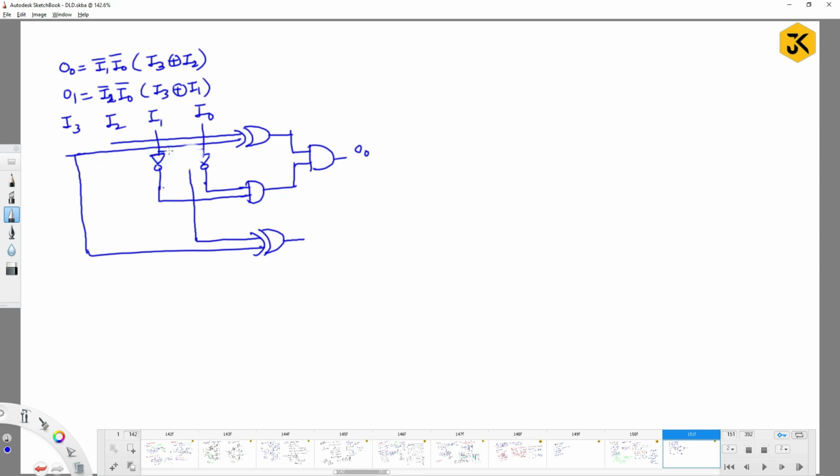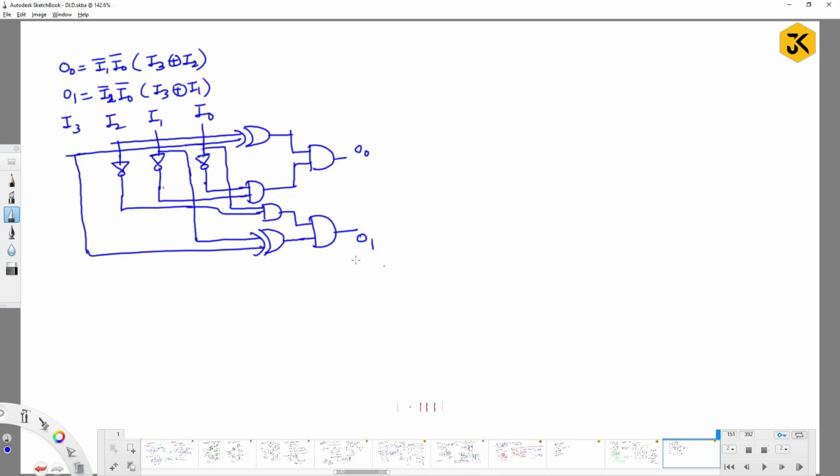So you can connect it like this, right? Similarly, I2 bar into I0 bar. I2 bar is this one. You are going to get I2 bar and I0. You will get one more AND gate, and finally you combine them with the help of this one. So you are going to get O1, right?